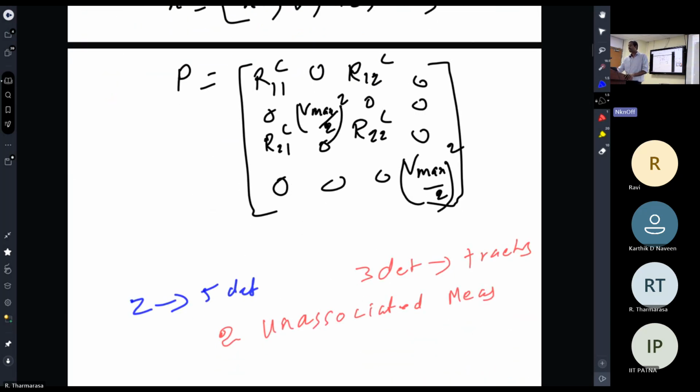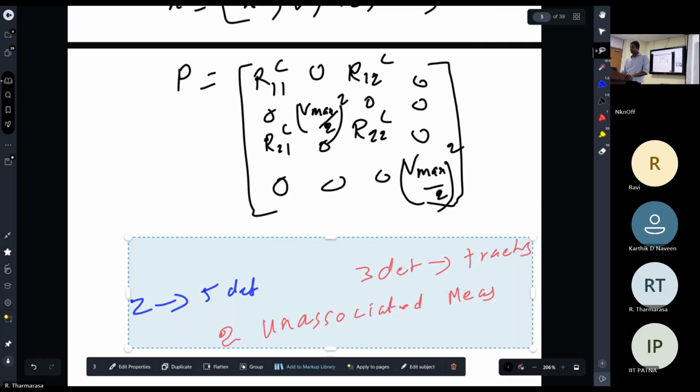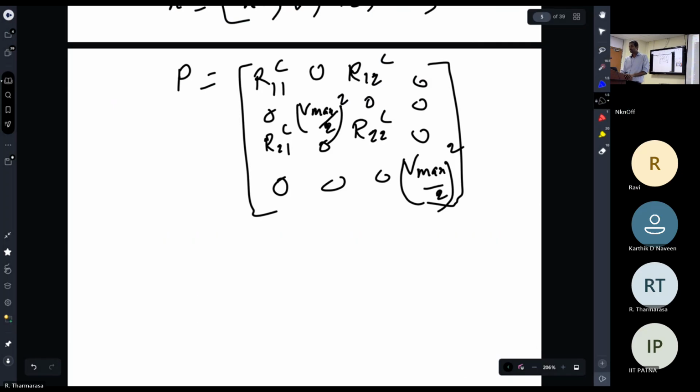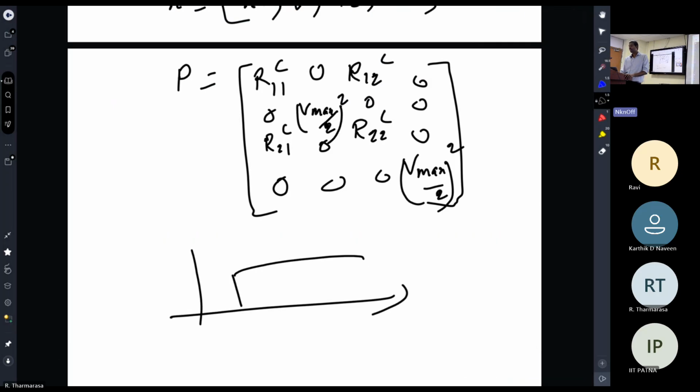Basically what we say here is that if you have a uniform distribution between these two, you don't know anything about it. You will find the mean value, and the standard deviation is usually d over square root of 12 for a uniform distribution. But usually instead of using square root of 12, people use V max by 2. Okay, that's how we initialize the covariance.